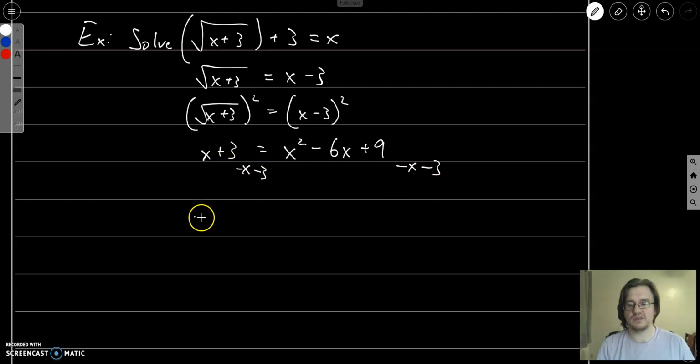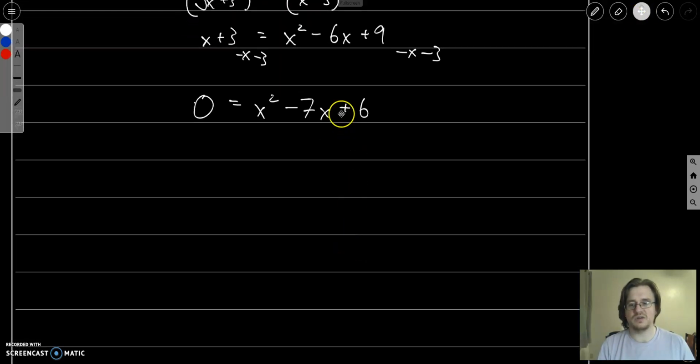So what I'm left with is going to be 0 on the left-hand side. Everything will cancel. And then on the right-hand side, I'll have my x squared term. I have a negative 6x minus x. Well, that's negative 7x in total. And I've got 9 minus 3. Well, that's 6. Luckily, the way that this question was written, this is nice and factorable.